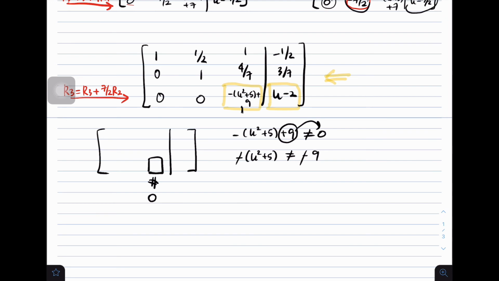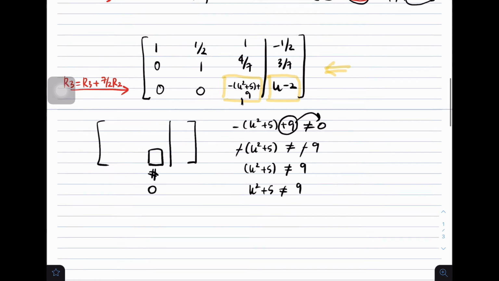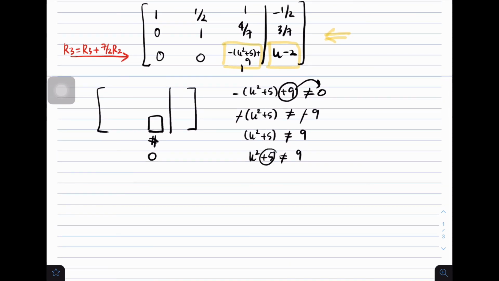Then negative and negative you can cancel out, so you have k square plus 5 must not equal to 9. So you bring positive 5 to the right, you have k square not equal to 9 minus 5. k square not equal to 4, k is not equal to positive and negative 2.